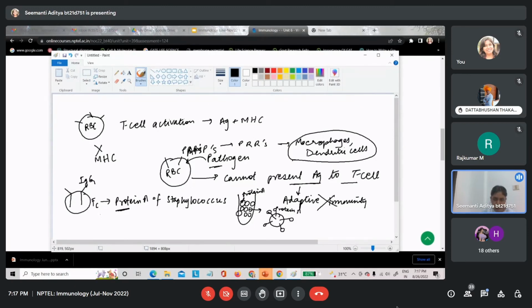When you are purifying any kind of antibody, say IgG, it is going to bind to protein A. The Fc region will bind to protein A. So during purification, all these IgG molecules will be bound here, because IgG's Fc region can interact with protein A.